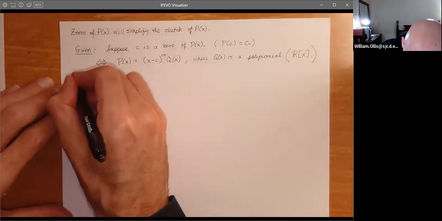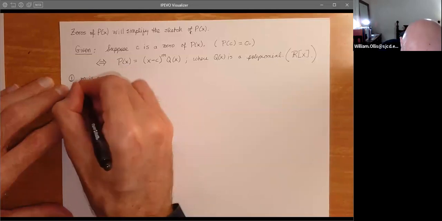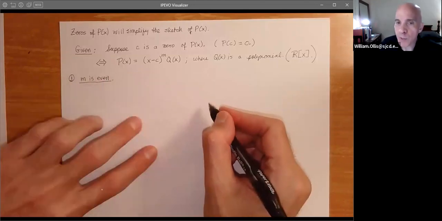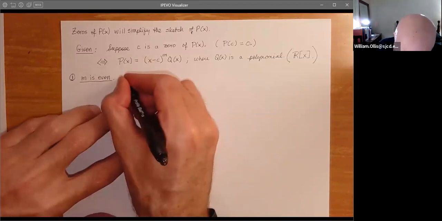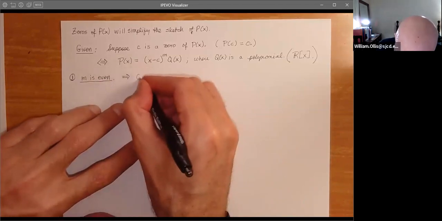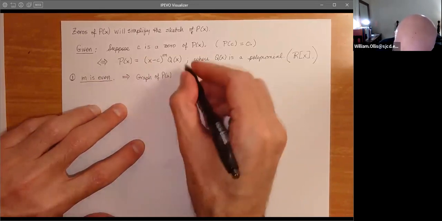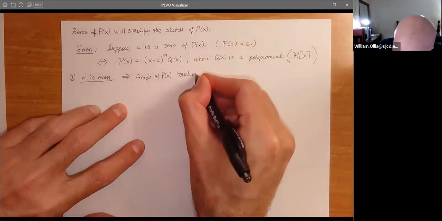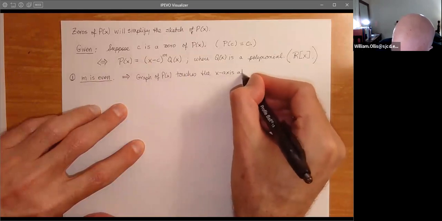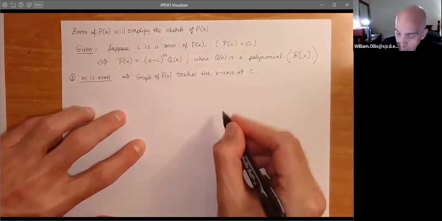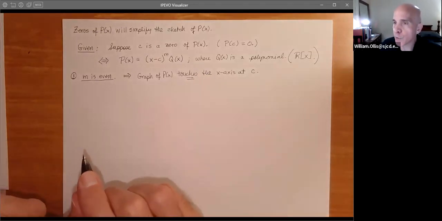So here we go. Case 1, say m is even. Say we factor this and we have this occurring to an even power like 2. Then this implies the graph of P of X touches the x-axis at C. This is what we call local behavior.